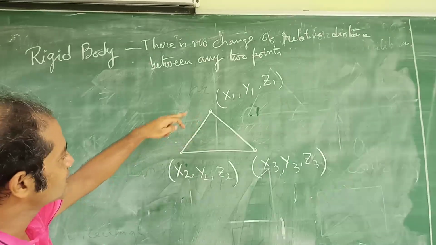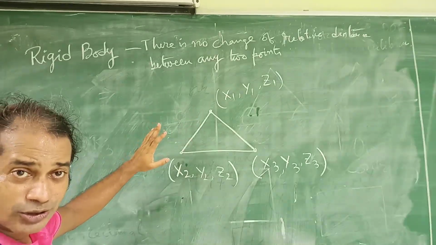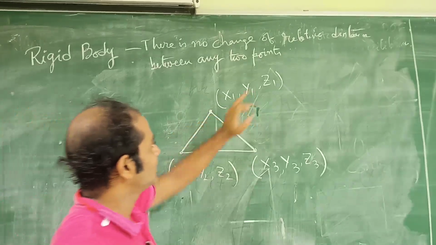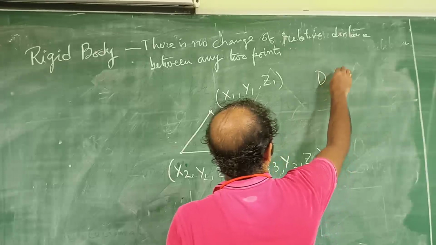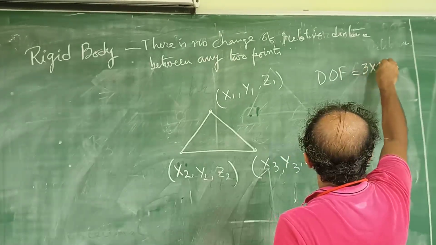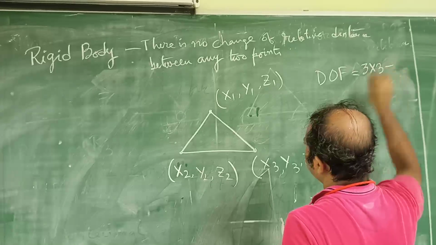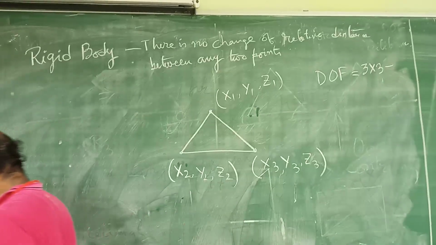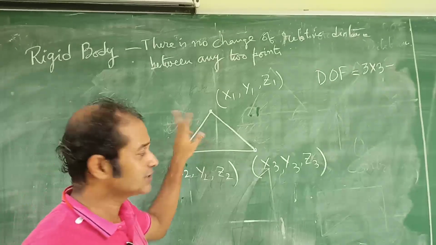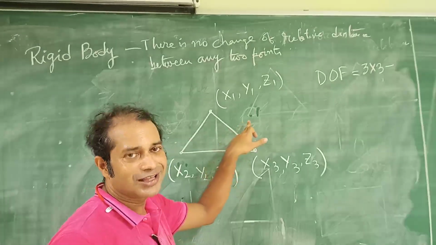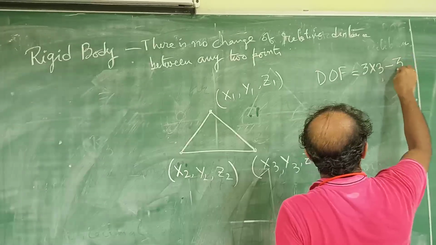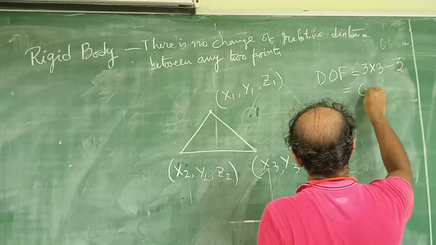Now their relative distance is not going to change. So what you are going to get? DOF is equal to 3 into 3 is equal to 9 minus, how many constants are there? There are 3 constants. This length is not going to change, this length is not going to change, and this length is not going to change. So you have minus 3. 3 into 3 minus 3 is equal to 6.